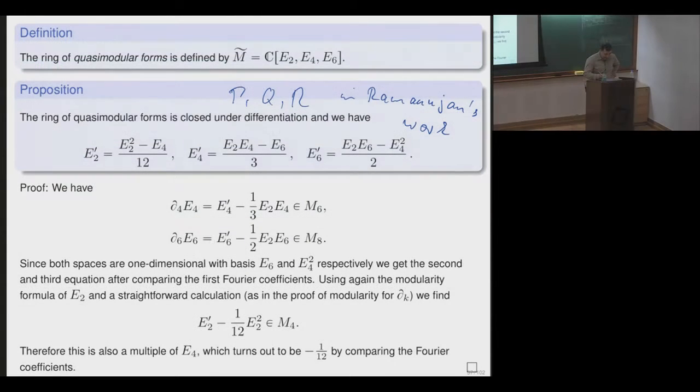So if you make d tau, this is essentially q d q, and now I have to be careful, I think it's 2 pi i in this direction.